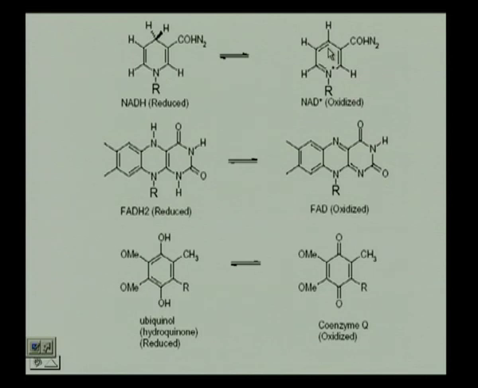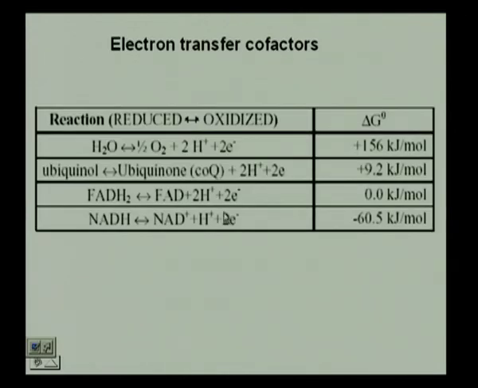You also know now that the use of coenzyme Q is more versatile because it has two one-electron steps that can form an intermediate semiquinone. So, these are the 3 electron transfer cofactors that are going to be utilized in complexes 1, 3 and 4 of the oxidative phosphorylation steps.